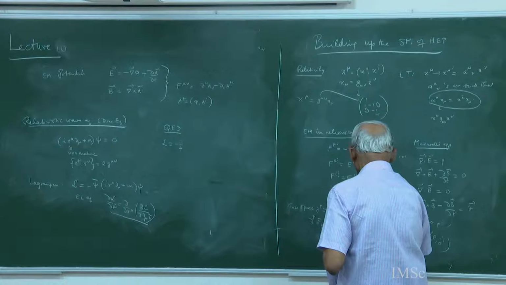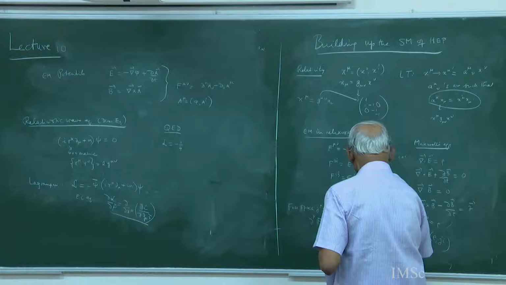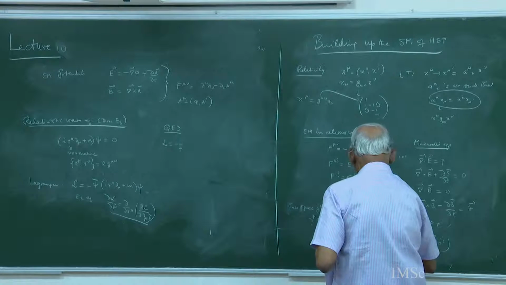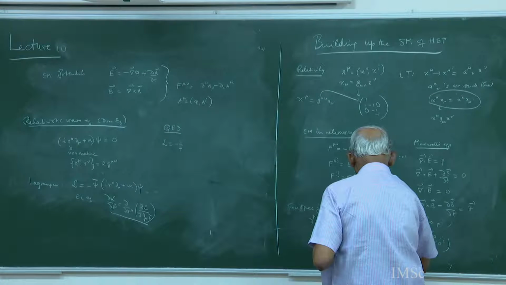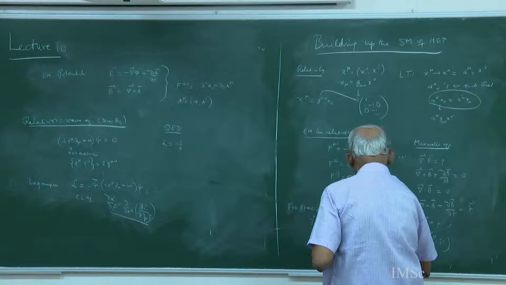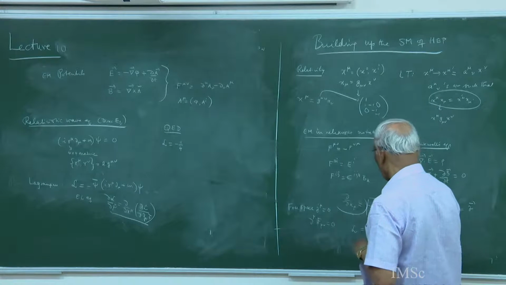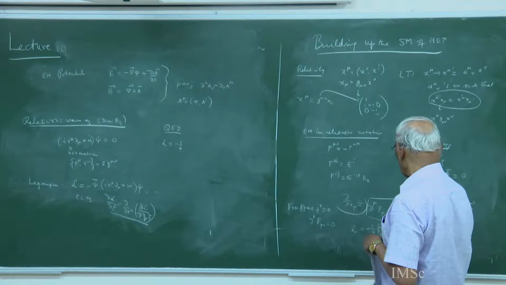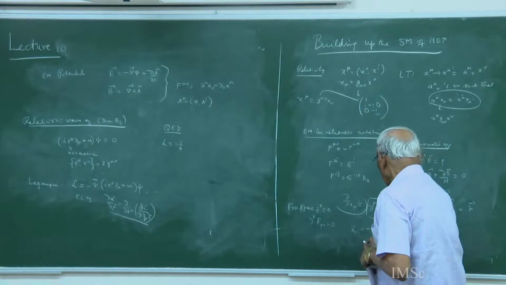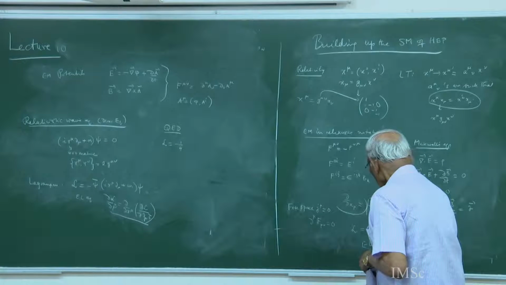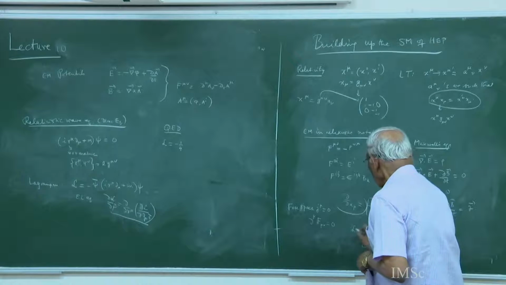So Lagrangian is equal to minus 1 over 4 F_{μν} F^{μν}. Two indices are below, here two indices have to be above before they can contract. So this is the Lagrangian density. The Euler-Lagrange equation for this will give you this Maxwell equation.